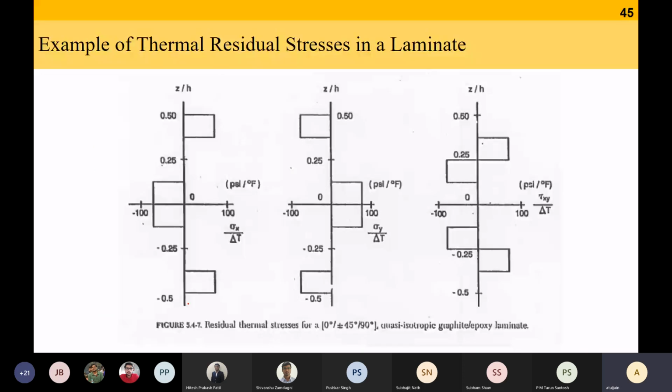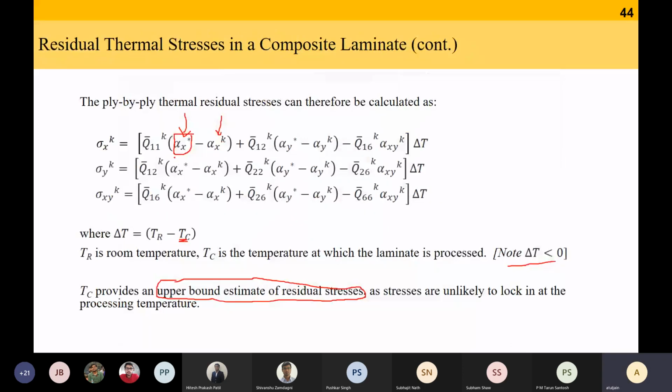So, for example, if you were to calculate the residual stresses for our favorite case, 0, plus minus 45, 90, this is what it would look like. The residual stress in the 0 degree comes out to be positive. This will come out because maybe this value is negative, that alpha k x is greater than alpha x star.